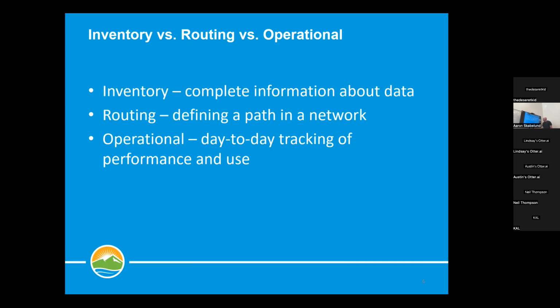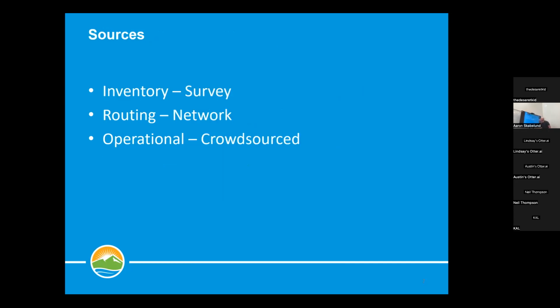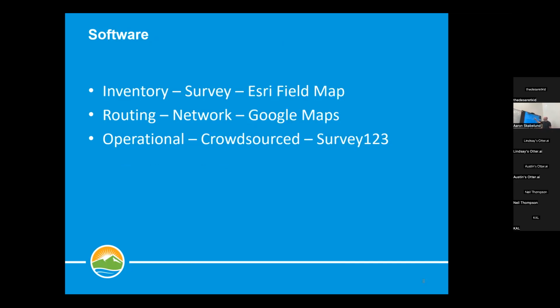And as far as the Esri software now with this grant, so for inventory, it's like a survey, routing, your network. Operational could be crowdsourced, where everyone's contributing to these issues that pop up. And as far as software, Esri has a pretty cool application that runs on phones, tablets, laptops, desktops called Field Map.